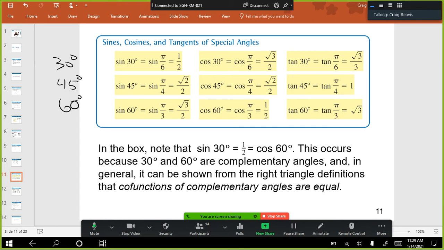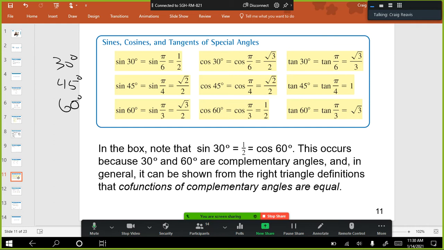Once we go back to the unit circle, 30, 45, 60 degree angles, then we're going to add in zeros and 90s too. They may add that in here. But it's very helpful to memorize what these are.